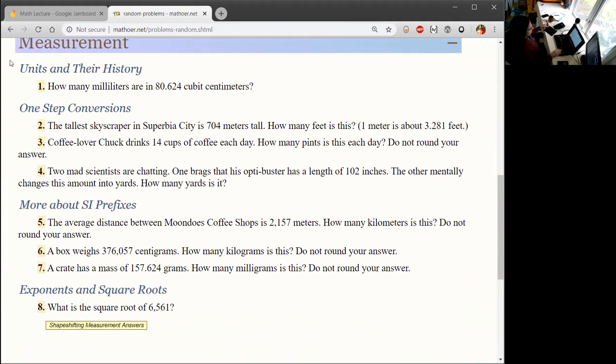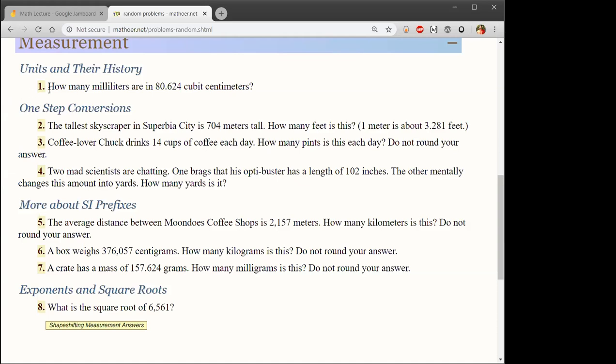We haven't talked about square roots, but any of the other 7, which one should we do? Number 1. Number 1 is my trick question.